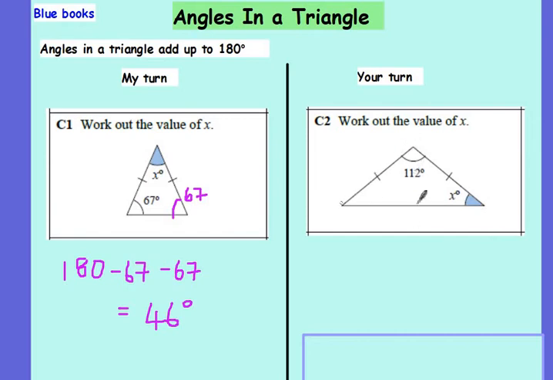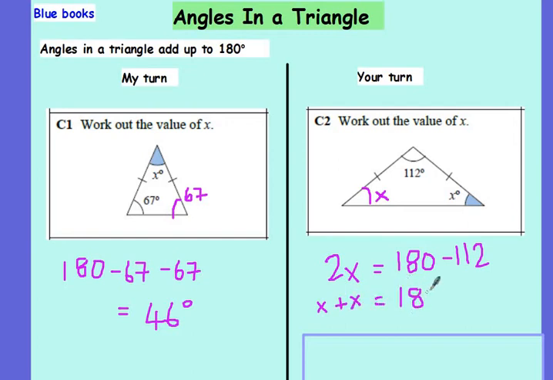Okay, so again, we've got an isosceles triangle. We know that these bottom 2 angles are going to be the same, but we don't know what they are yet. But what we do know is that 2 times x, so this one plus this one, is going to be equal to 180 take away 112. We could also say that x plus x is going to be 180 take away 112.